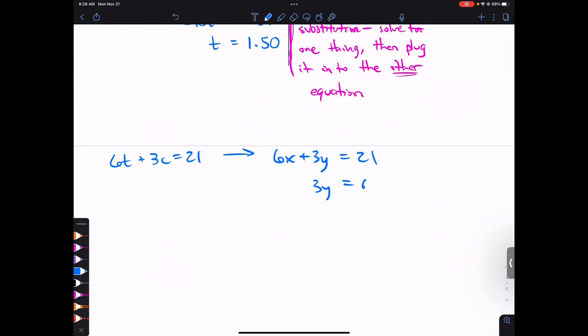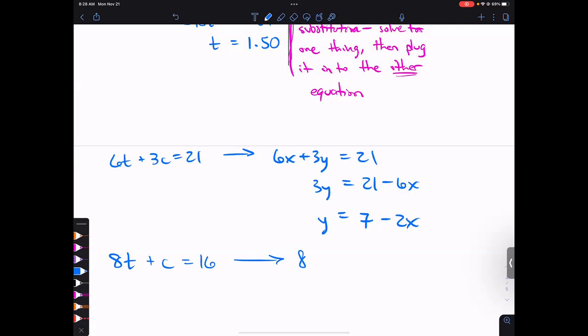Because your calculator or what you know about graphing lines by hand wants you to have y equals. So 8x plus y is 16, so y is 16 minus 8x.